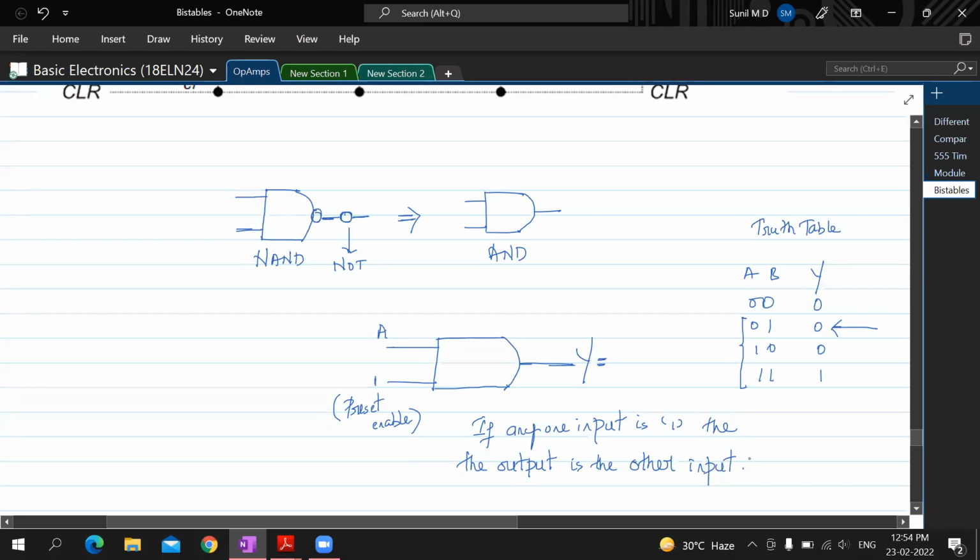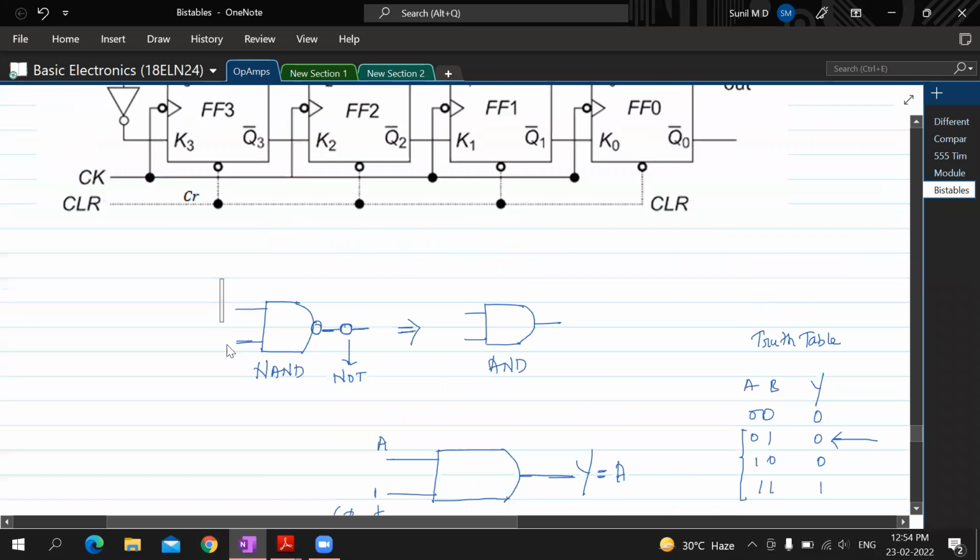So in that sense, can you tell me what the output Y is here? Yes, that's it. That is what you need to understand. Is that okay with you? Here, this is the arrangement they have: NAND and NOT together.